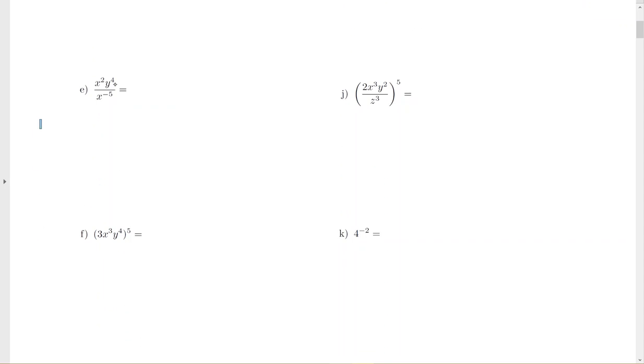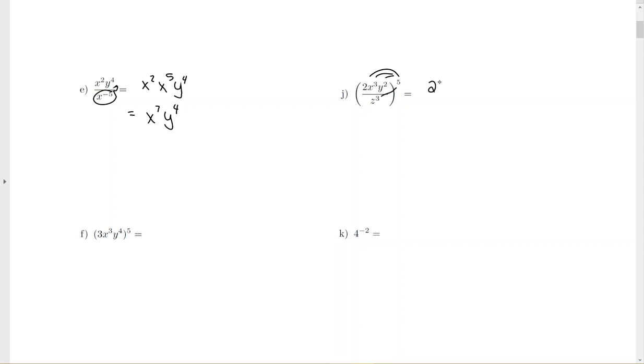So for the next one, you'll want to get rid of the negative exponent. So it's going to be x to the positive 5 when it moves up to the numerator, y to the 4th, and then you can simplify. X to the 7, y to the 4. For j, you could go ahead and raise everybody inside to the 5th power.